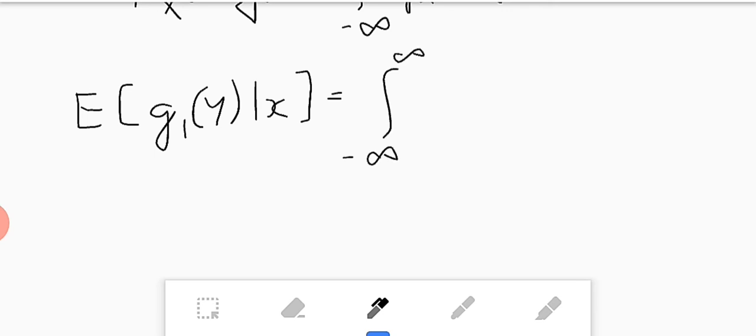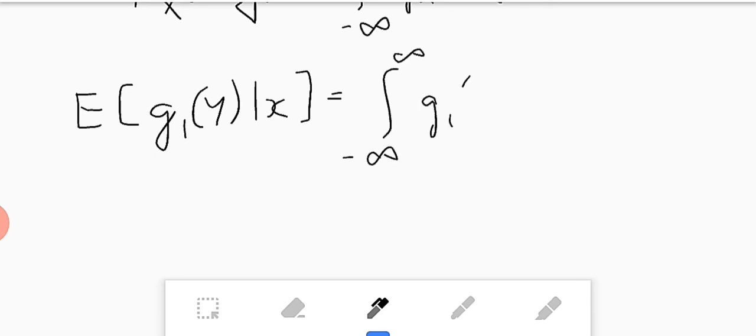Now coming to expectations with a given condition. Your conditional expectation is given as the expectation of g1 of Y given event b, which is X equal to x.